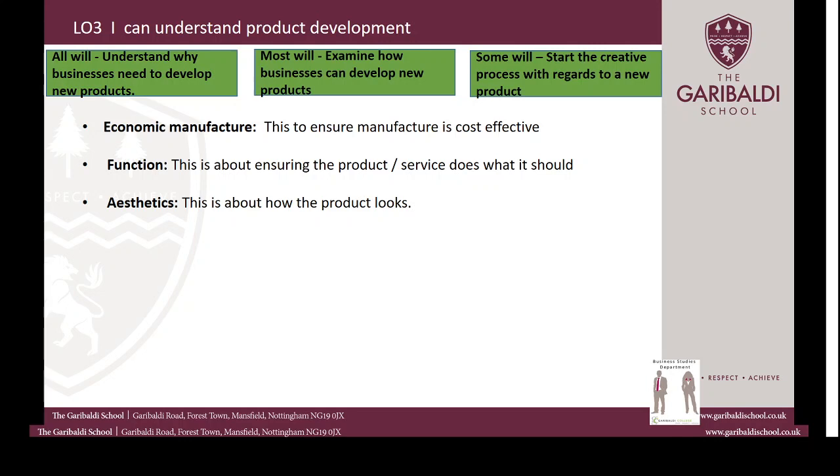So you would consider what is the key purpose of the product. And again, most people would rather have a product that looks nice. So as a designer for a business, you would need to consider all three elements, but what you would do is more emphasis would be placed on one or two of these elements.